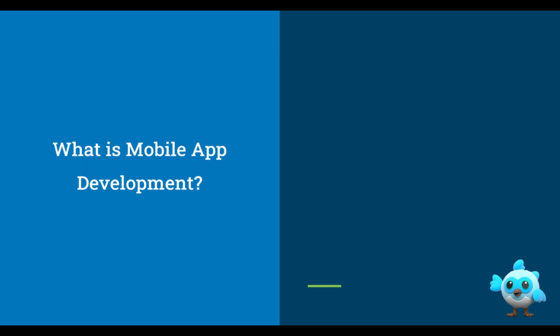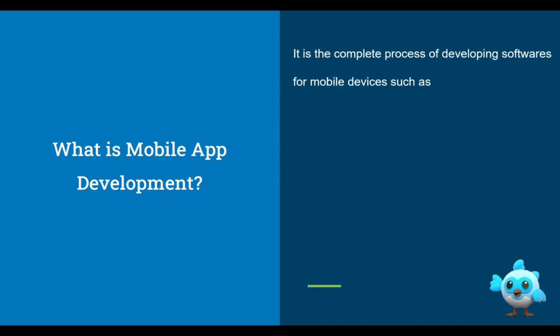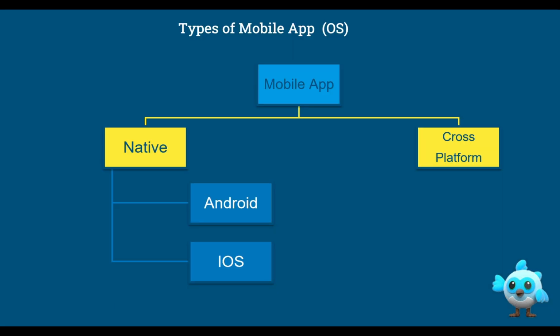What is mobile app development? It is the complete process of developing software for mobile devices, such as mobile phones, Android, iPhone, tablets, and smartwatches. Types of mobile apps. On the basis of operating system, there are two types of mobile apps: native apps and cross-platform apps. A native app runs on and is made for a specific operating system.